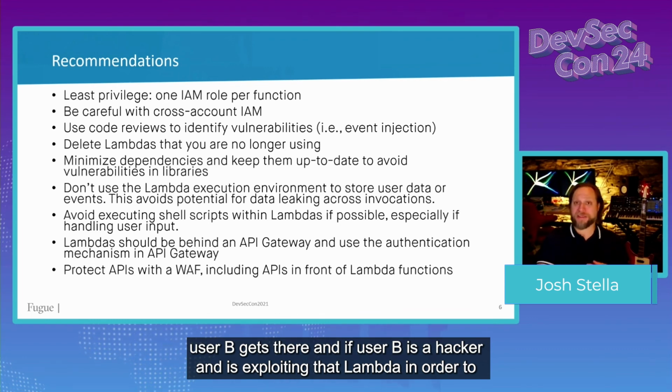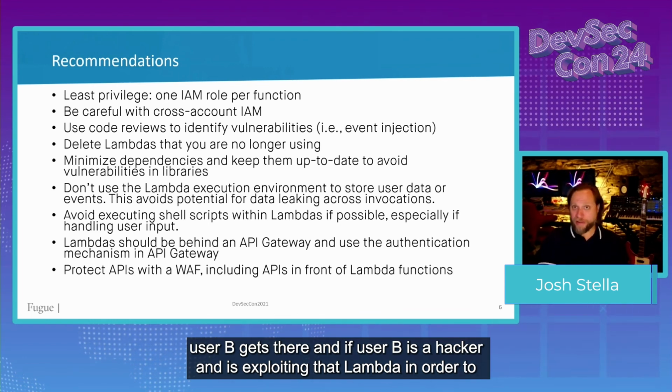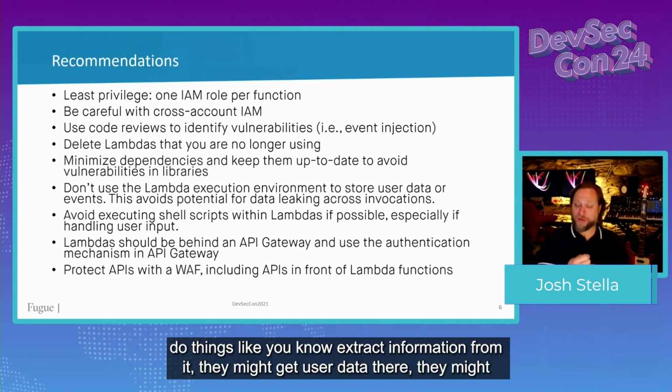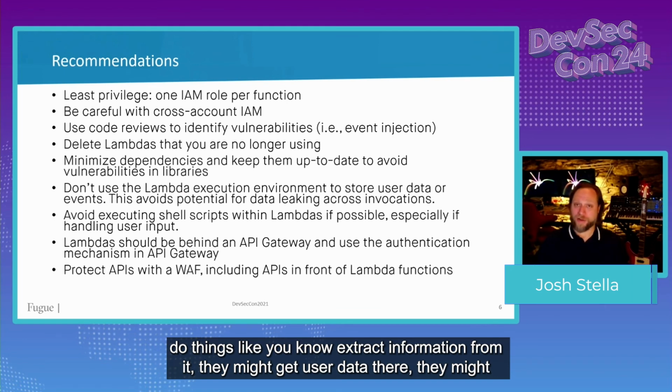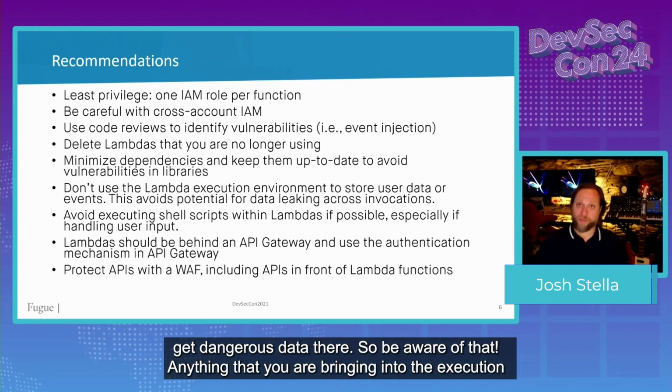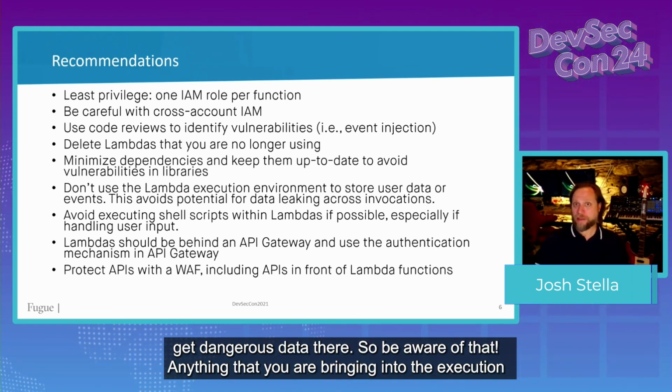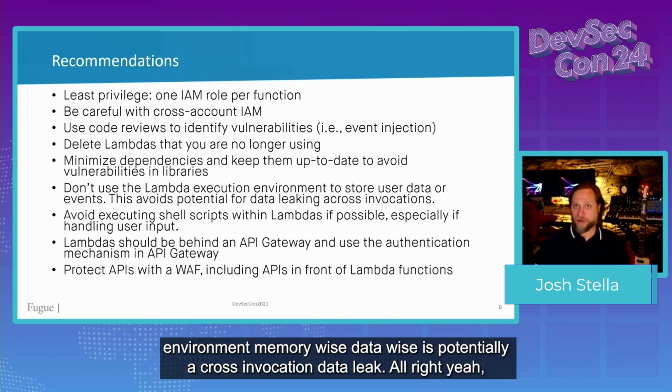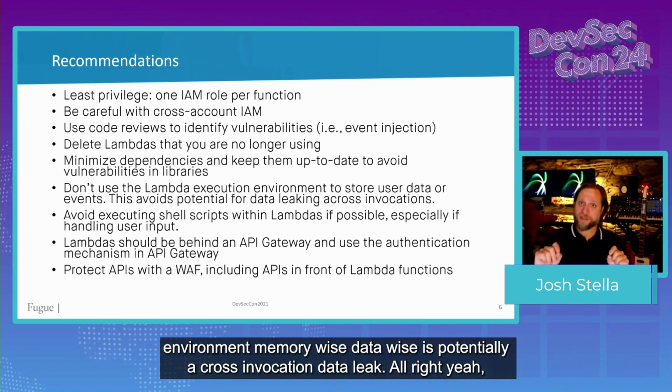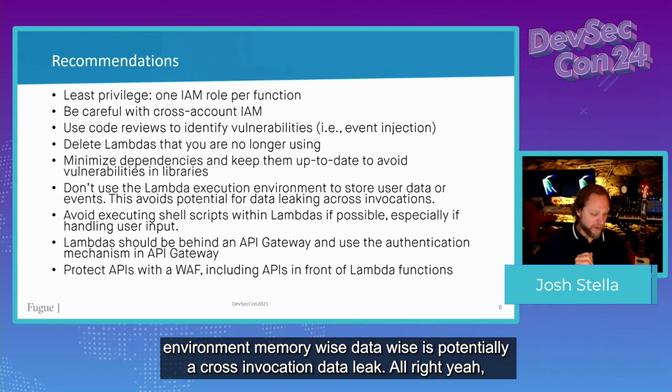And if user B is a hacker and is exploiting that Lambda in order to extract information from it, they might get user data there. They might get dangerous data there. So be aware that anything that you are bringing into the execution environment, memory-wise, data-wise, is potentially a cross-invocation data leak.